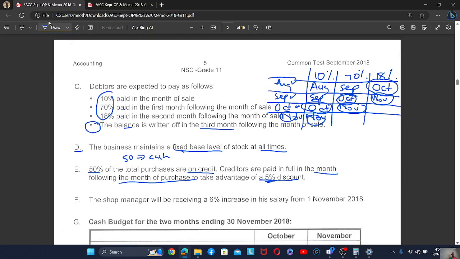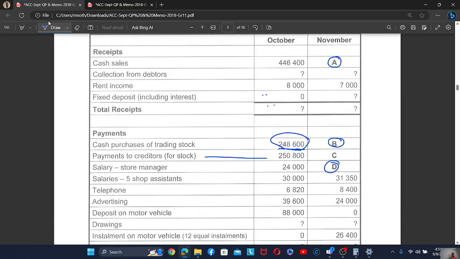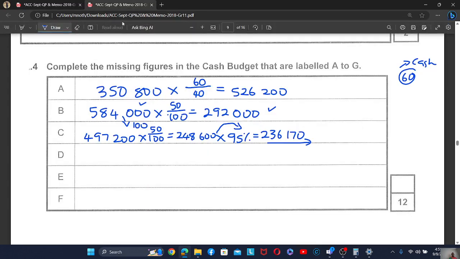Letter F: the shop manager will be receiving a 6% increase in his salary from the 1st of November 2018. Now, how much is the salary of a store manager? In October, it is 24,000.